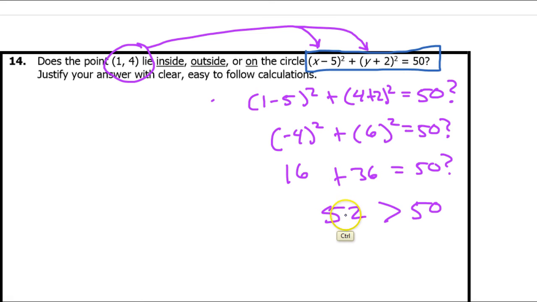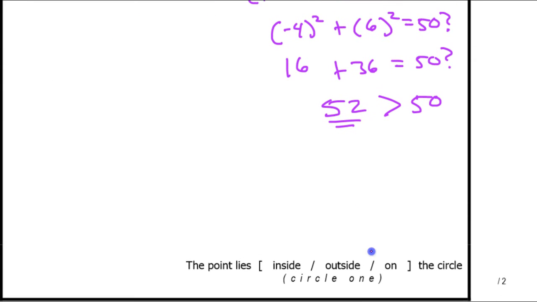So 52 is greater than 50. Because this is larger, that means this point lies on a circle that is larger than the circle whose equation is given. And a larger circle means that you're outside of the circle. So that tells me that we are outside the circle.